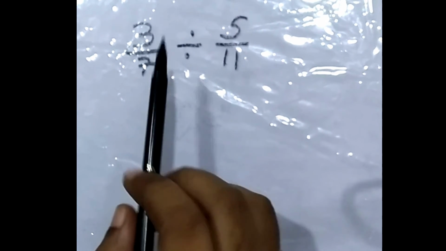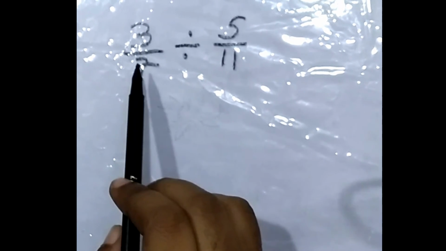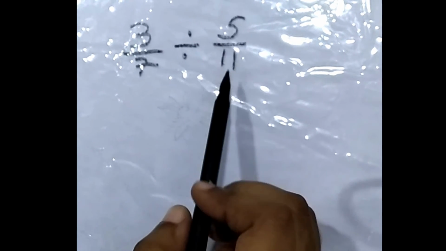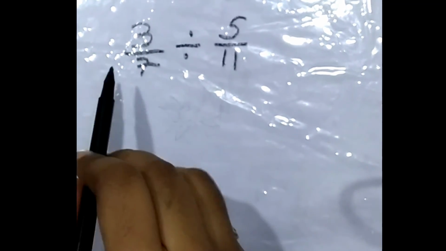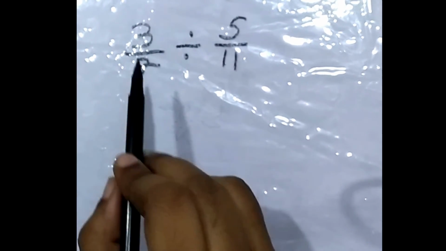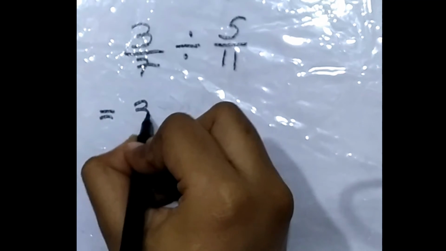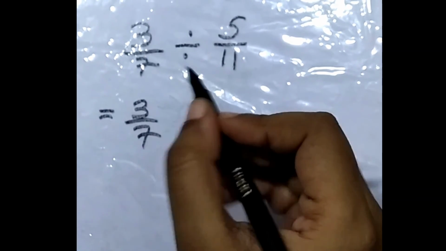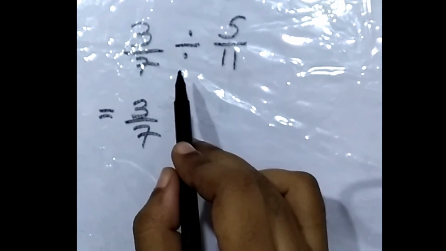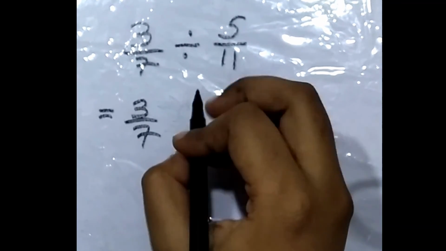Now the next is division. 3 upon 7 divided by 5 upon 11. So in division what will we do? See carefully. We will write the first fraction as it is, so equal to 3 upon 7, and instead of division we will put multiplication.